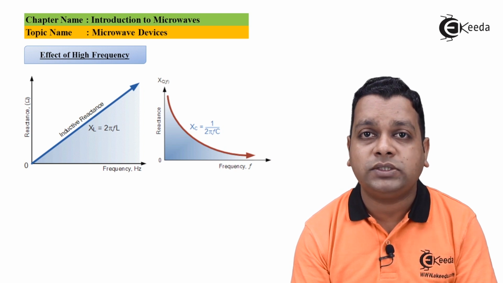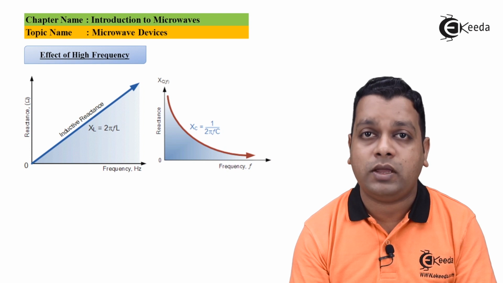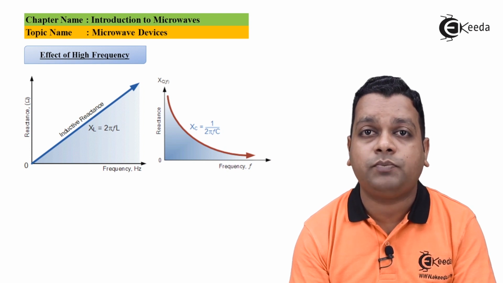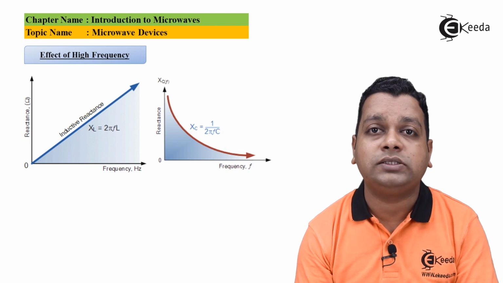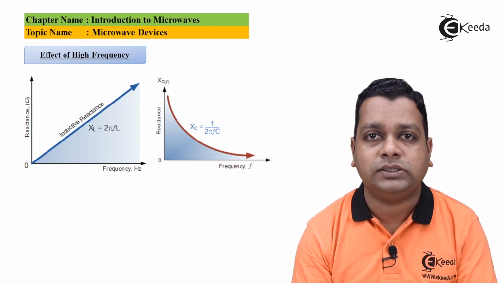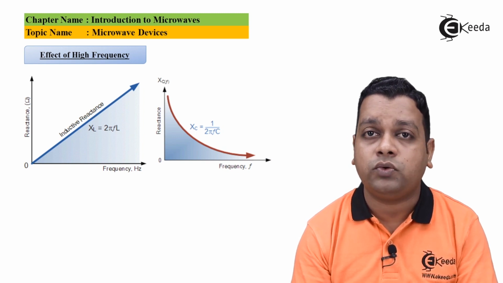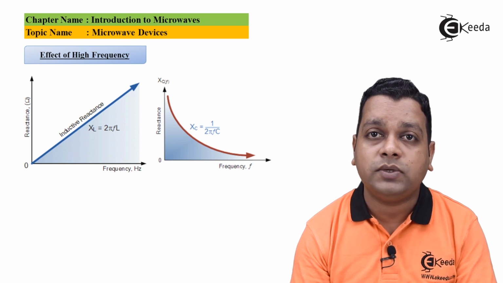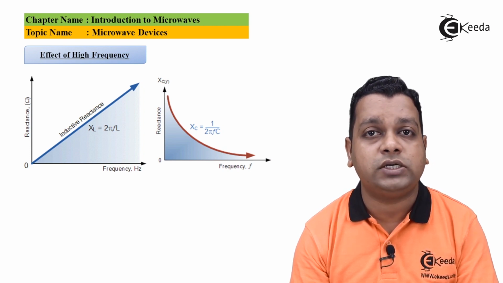For reactive capacitance we have the formula Xc is equal to 1 upon 2 pi Fc. If you increase the frequency, it has an inverse relation, so at that time Xc will be reduced. So whatever the impedance between the two different electrodes is, that is going to decrease. So at higher frequencies there is a chance that these two terminals get shorted.